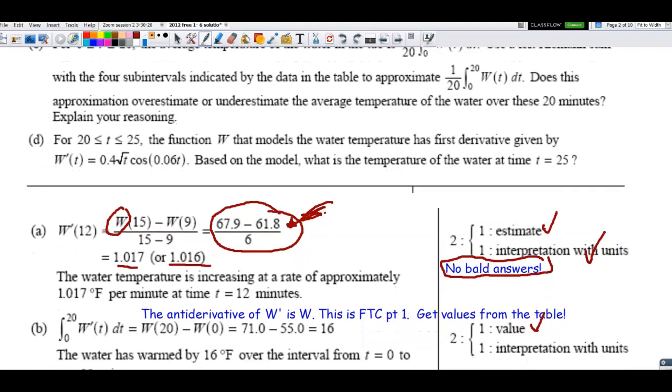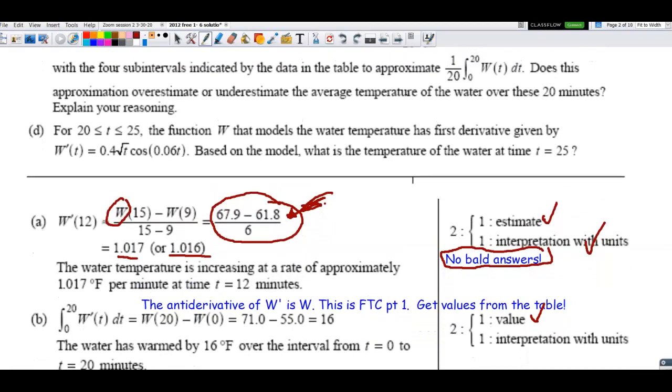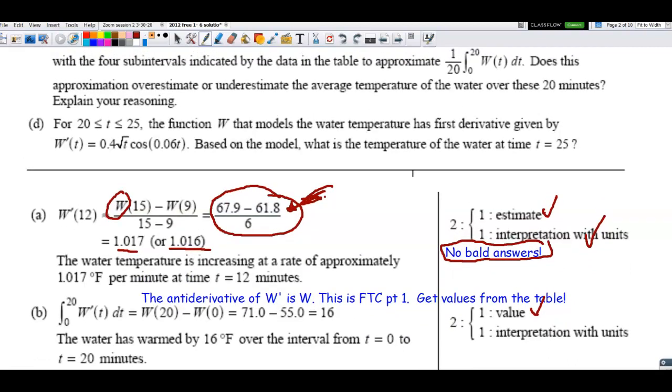The interpretation is, the sentence that we would use in our class is, the definite integral represents the change in the temperature of the water from 0 to 20 minutes measured in degrees Fahrenheit.